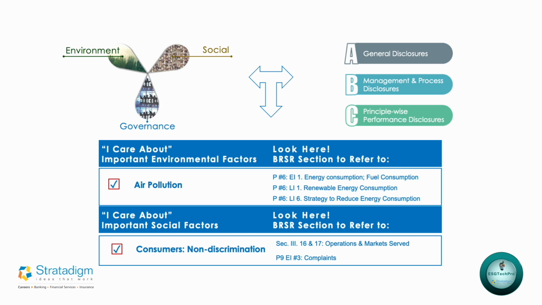Then go to Principle 9, Essential Indicator 3, and see if there are any customer complaints on discrimination against a particular entity. Now, the operations and markets served will give you a sense of it. It won't tell you whether discrimination was there or not. And you are free to make an inference that if particular markets are served and other markets are unserved, the bank may be skewed in approaching consumers. I leave that to you, but that's an issue you may want to look at.